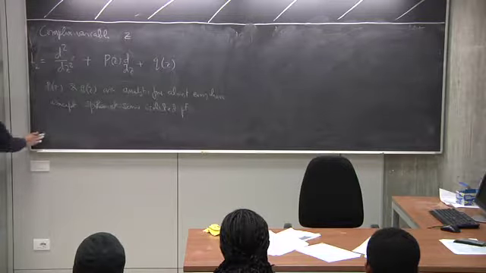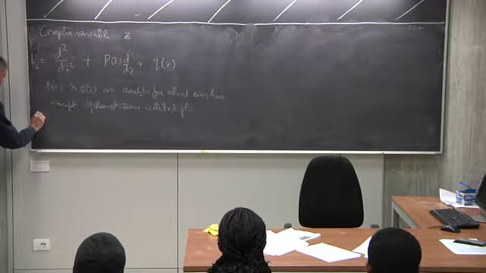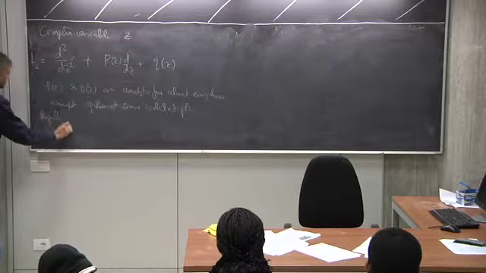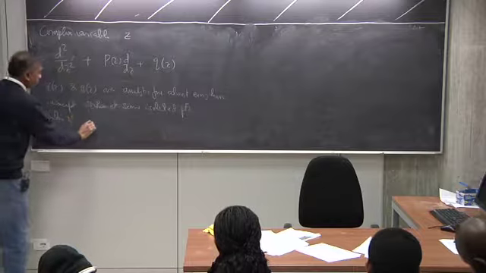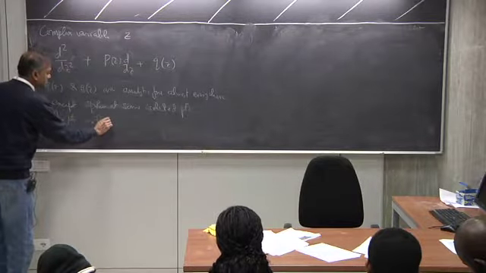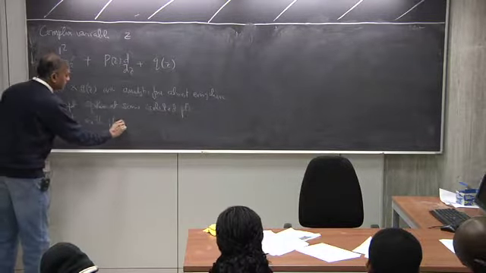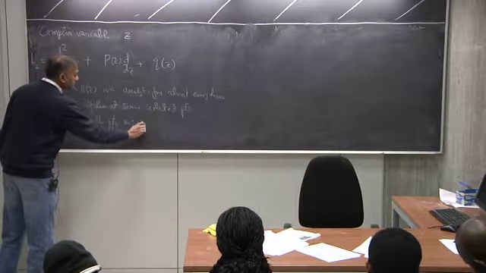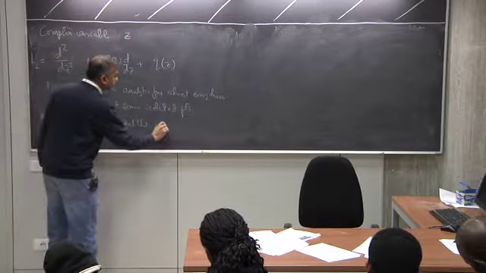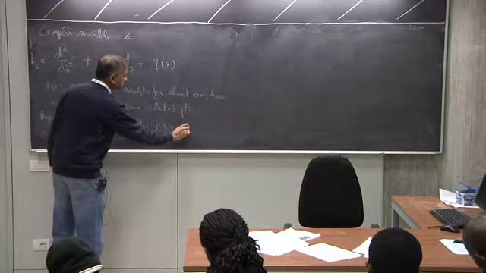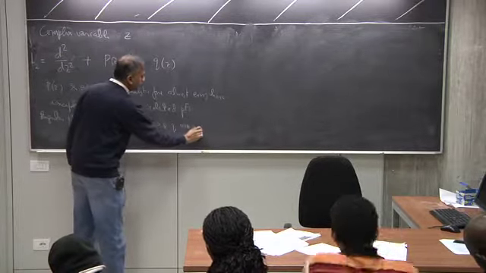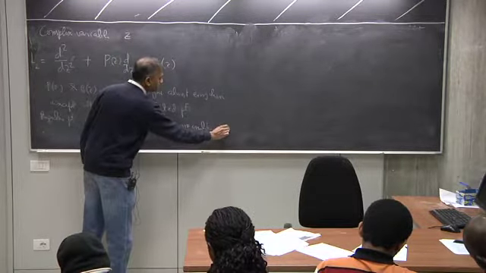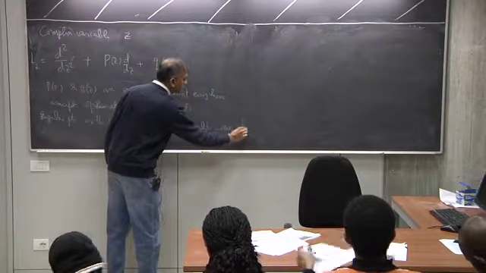So there is a classification now. So z naught, regular points are the points such that p and q are analytic in some neighborhood of that point.